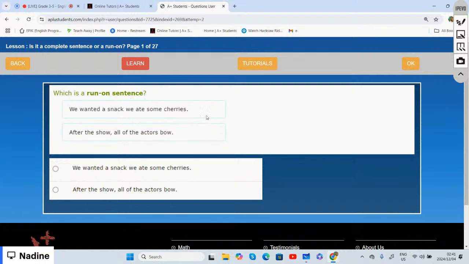All right, so a run-on sentence, we need to say which one is a run-on sentence. Is it option one that says, we wanted a snack, we ate some cherries? Or option two, after the show, all of the actors bow? Which one is correct?